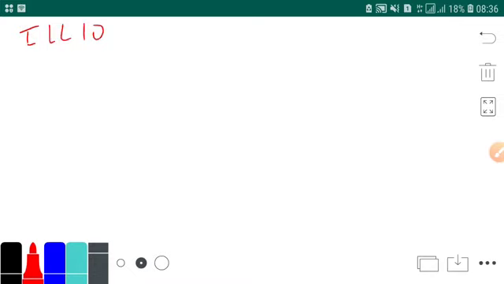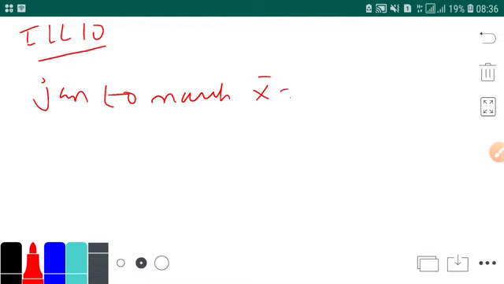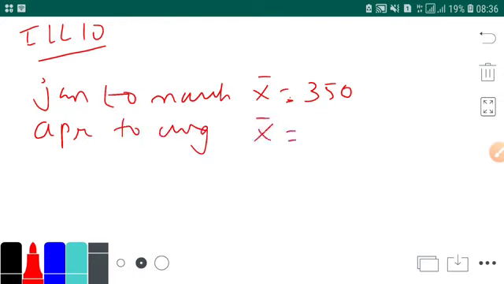A factory owner knows the mean monthly production from Jan to March. First of all, I am writing the detailed question. Jan to March, the mean production is 350. Then April to August, mean is 254.